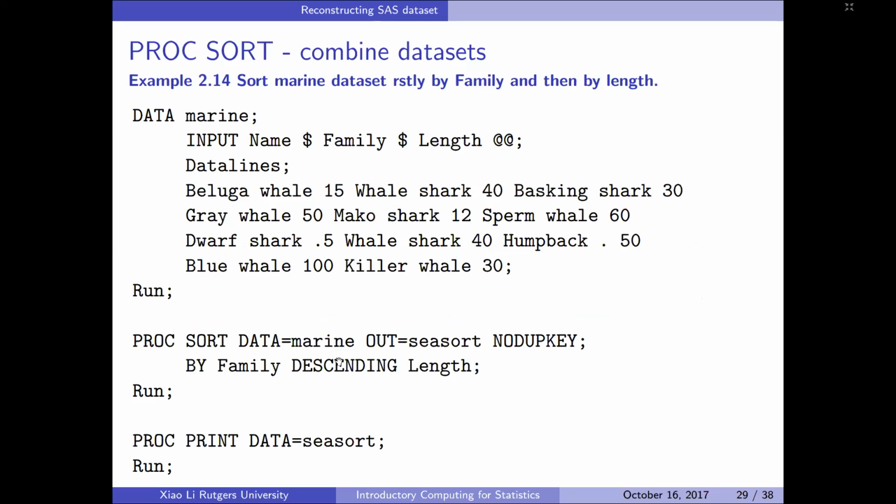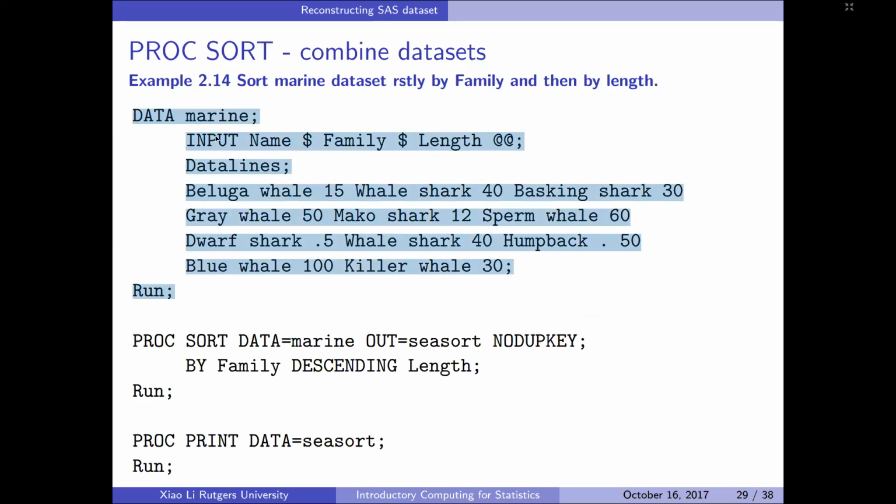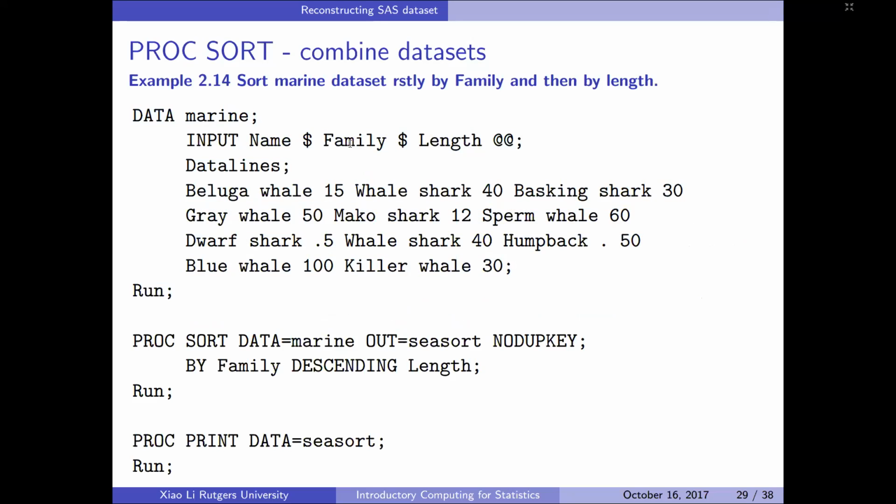Now we look at this example. Here we input a marine data set, which includes three different variables: the names of the marine species, the family of the species, and also the length of it.